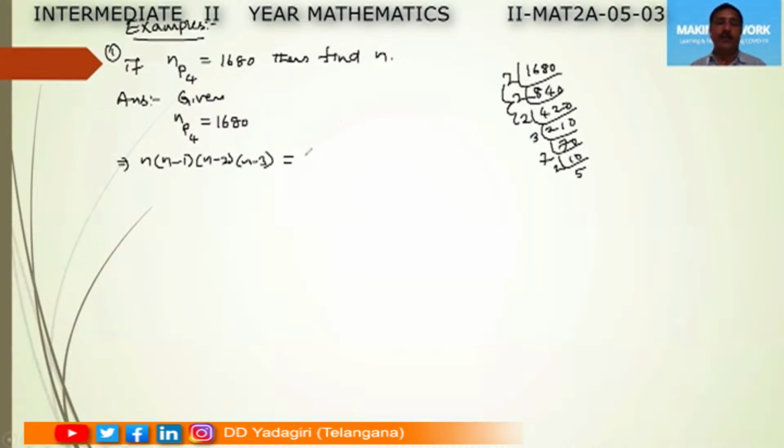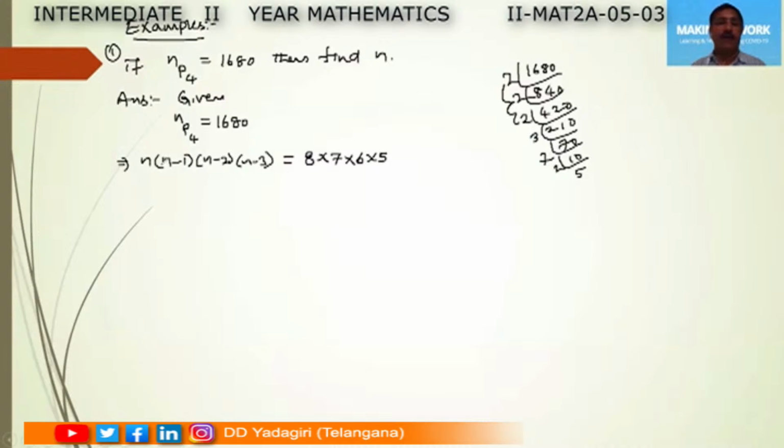We can express this as the product of 4 consecutive numbers as 8 into 7 into 6 into 5. After factorizing 1680, we can observe this 1680 can be expressed as 4 consecutive numbers: 2 into 2 into 2, 8, and 7 is there, and 3 into 2, 6 into 5.